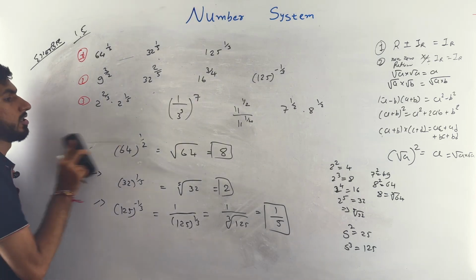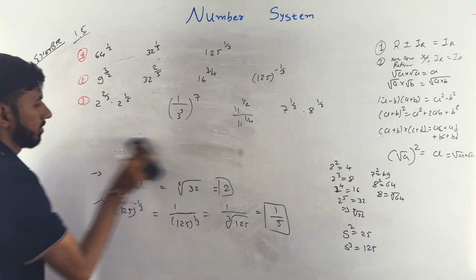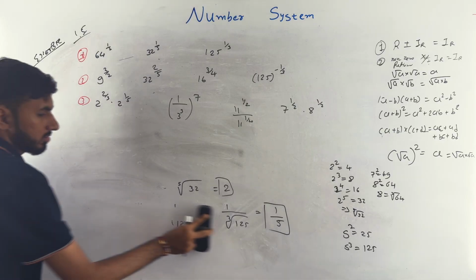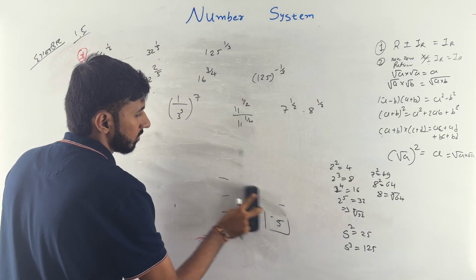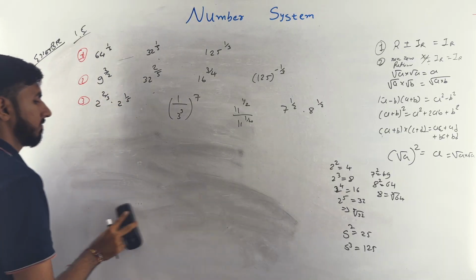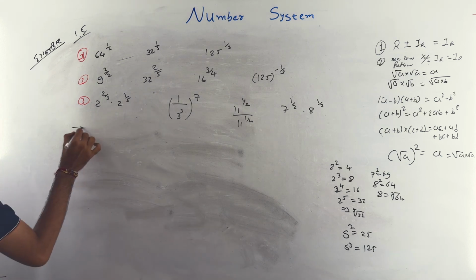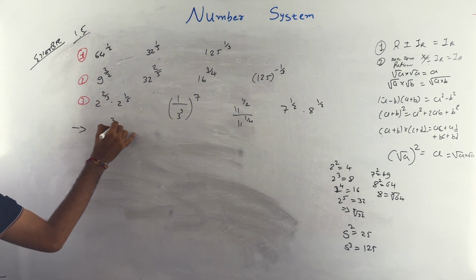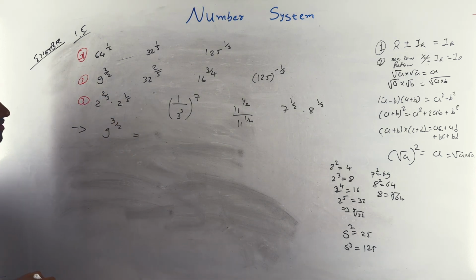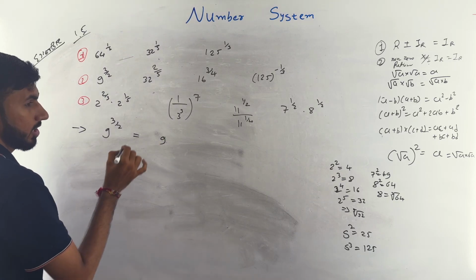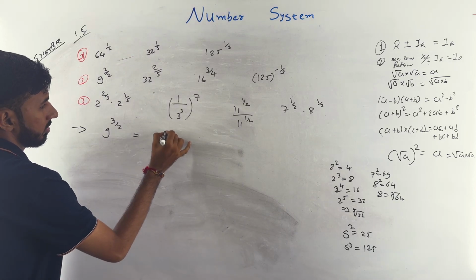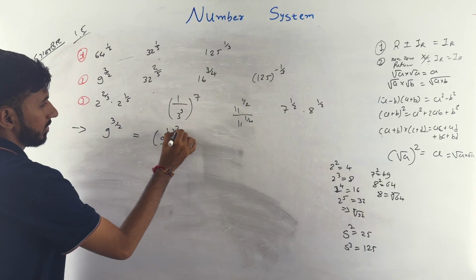Find the value of 9 power 3 by 2. These are very easy questions. If you know the rules for exponents and powers, you can simply find the answers. Now for the second one, 9 power 3 by 2. What we will do is 9 power 1 by 2, power 3.